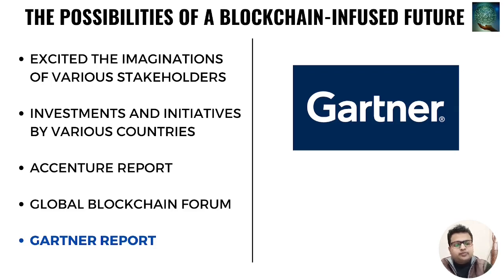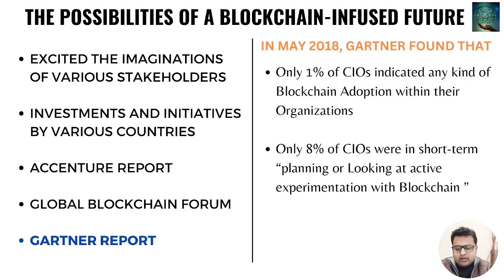Gartner report. In May 2018, Gartner found that only 1% of CIOs, Chief Information Officers, indicated any kind of blockchain adoption within their organization. So in May 2018, only 1% of CIOs reported that they are using blockchain technology within their organization. Only 1%.